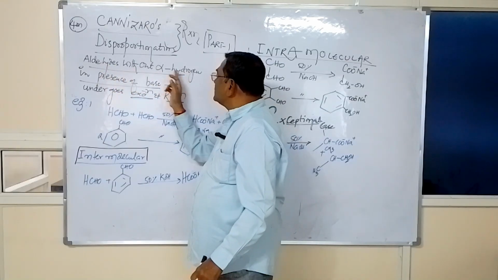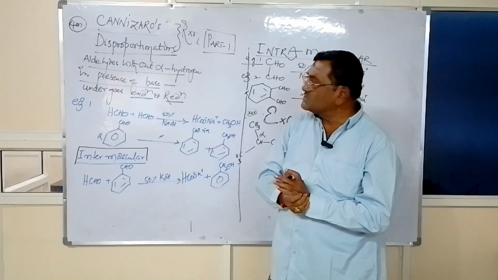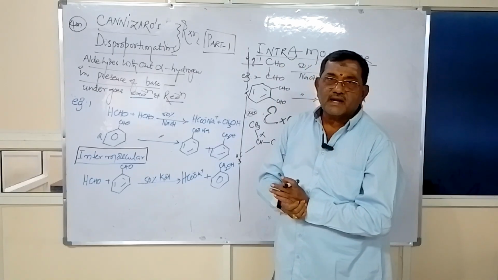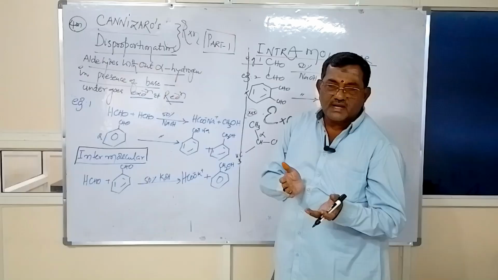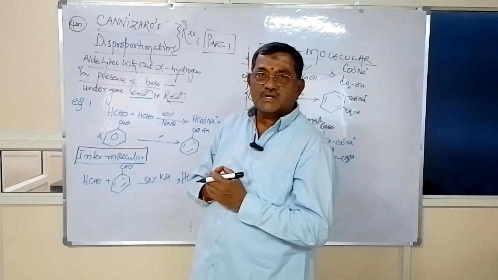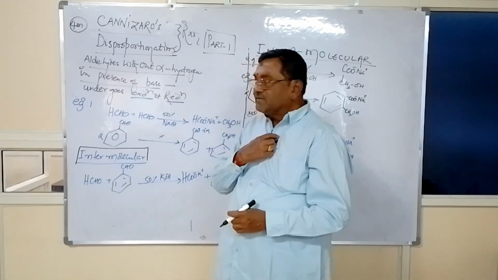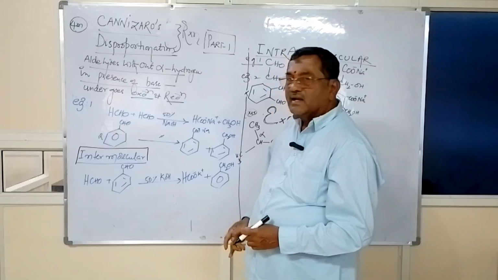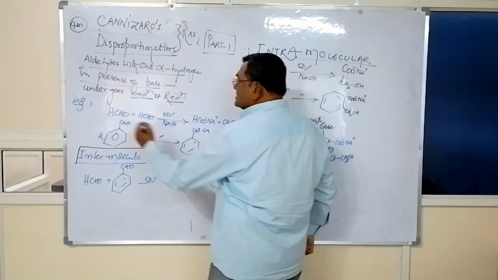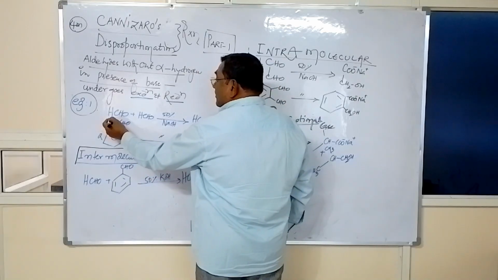The aldehydes without alpha hydrogen, in the presence of base, undergo simultaneous oxidation and reduction. That is known as a disproportionation reaction. So one undergoes oxidation and another one undergoes reduction. This is the first example we are doing.